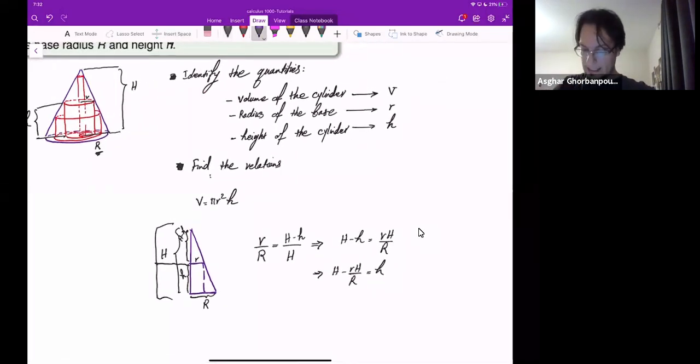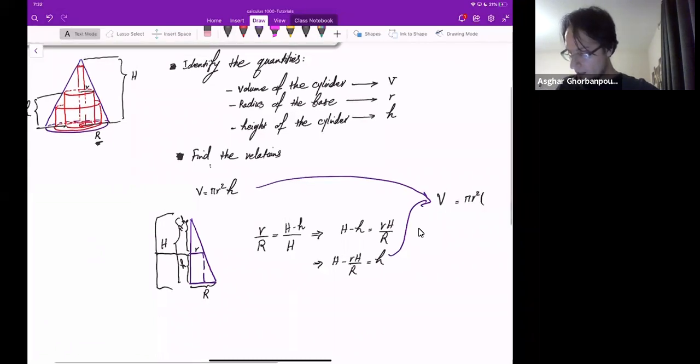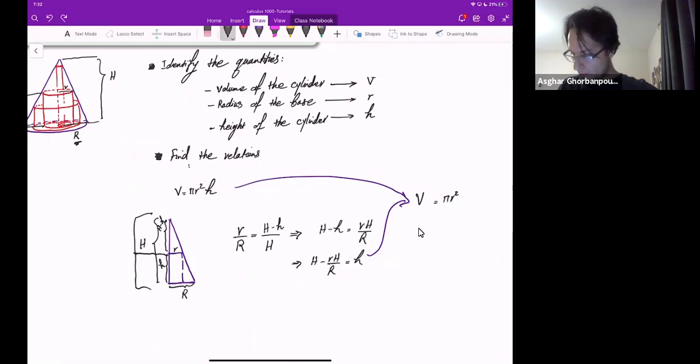Because now I can take that h and plug it into the formula for V and write V as a function only of r. So it will be pi r squared times h, with H minus Hr over R in place of h.